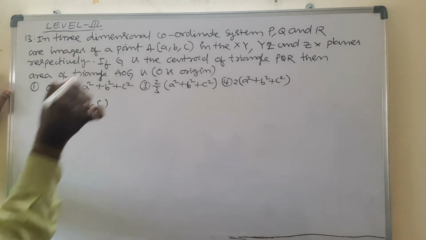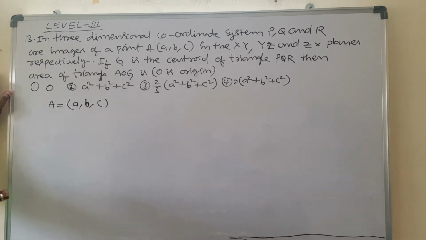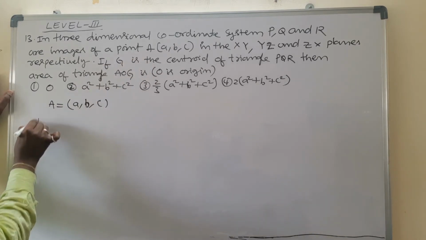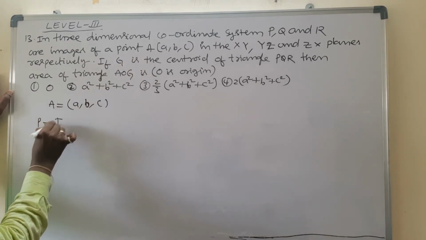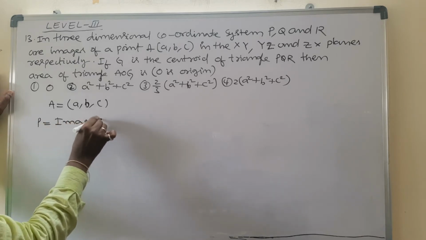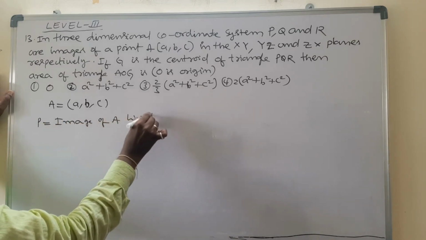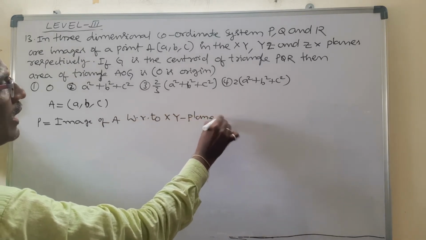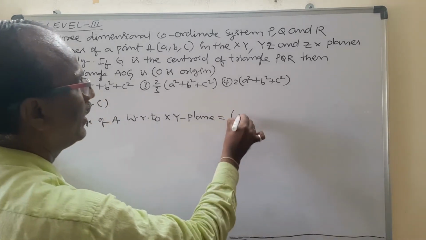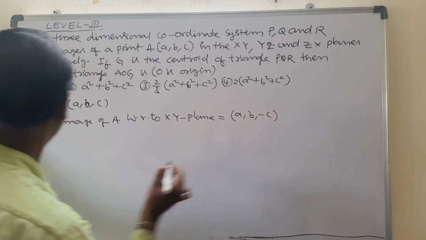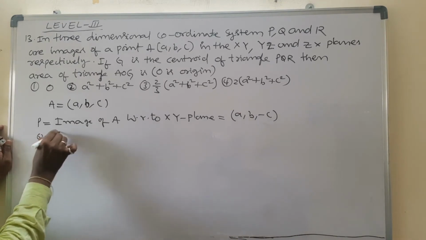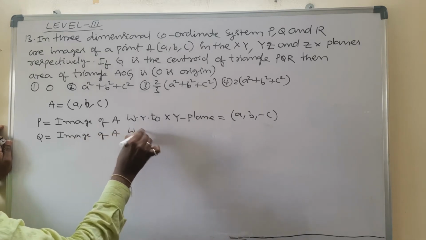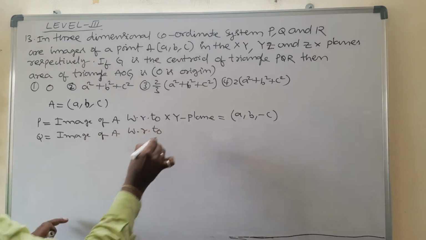Here P is the image of A with respect to the xy plane. The z coordinate is negative: A, B, minus C. Q is the image of A with respect to the yz plane.